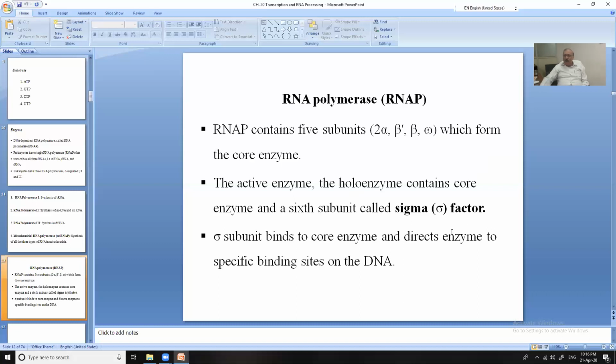What is the function of the RNA polymerase sigma factor? The sigma factor binds to the core enzyme and directs the enzyme to a specific binding site on the DNA. It is actually this sigma factor that ensures the binding of RNA polymerase on the correct binding site. That I will be explaining.